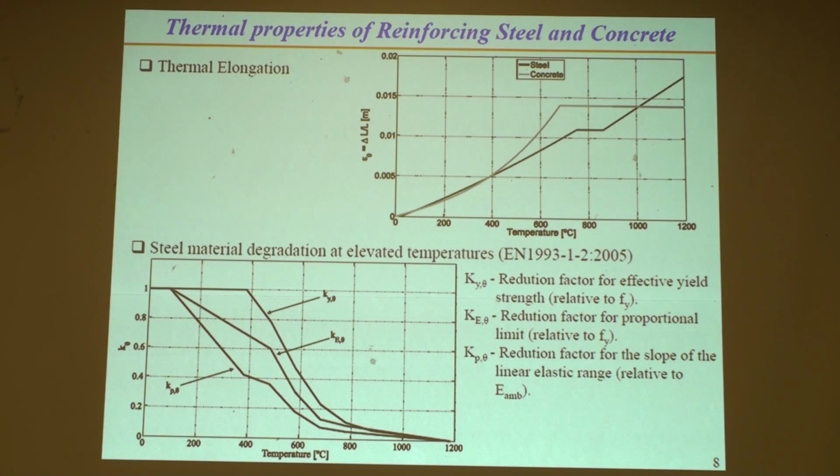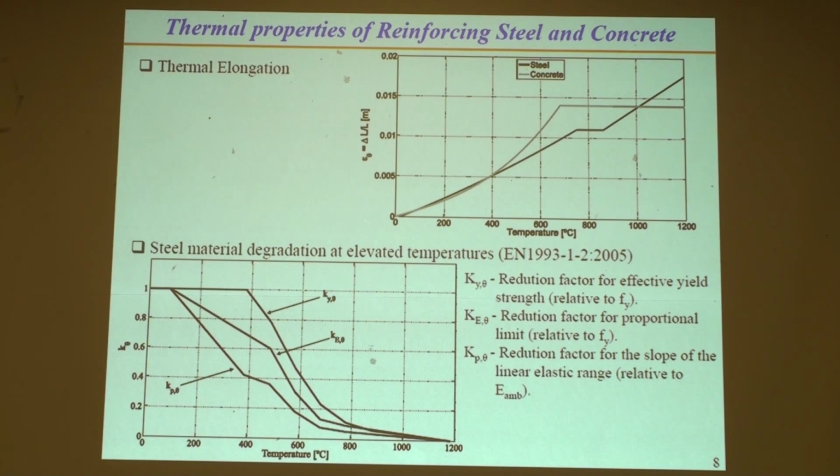And then steel material degrades. It degrades at elevated temperatures. And you see here are three curves of the theta reduction factor. You start with 1, with your initial strength or stiffness. And then as the temperature increases, you start slowly going down.